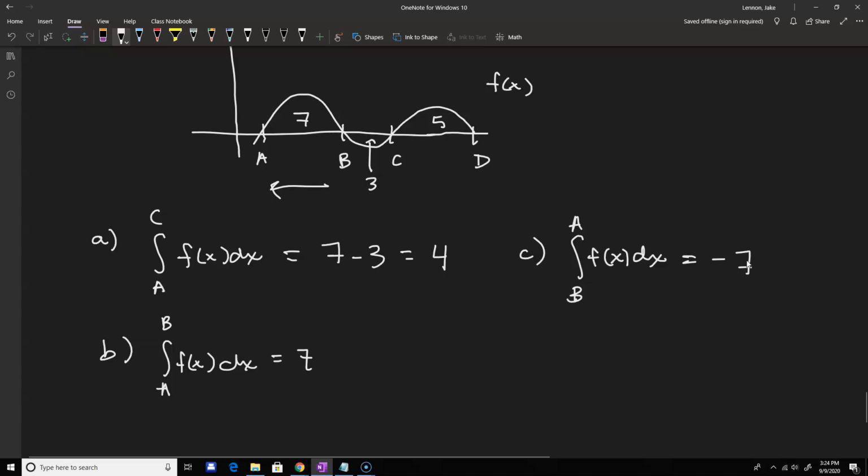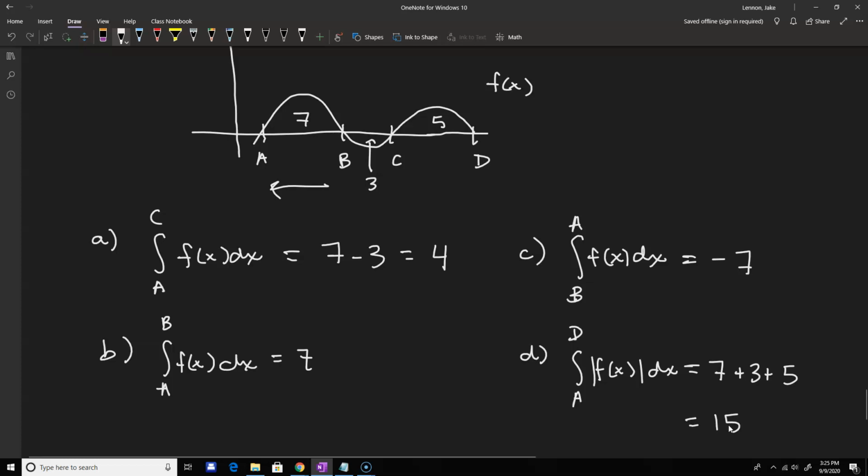And of course, if you wanted the complete area, what you could just do is say, okay, well, what if I did the integral from A to D of the absolute value of f of x dx? Well, that would make all parts positive. So you would have 7 plus 3 plus 5, which would give you your result of 15.